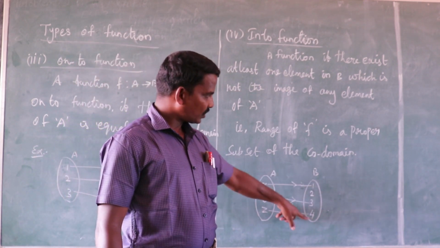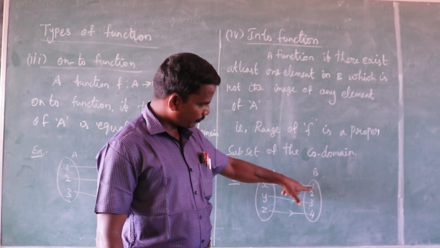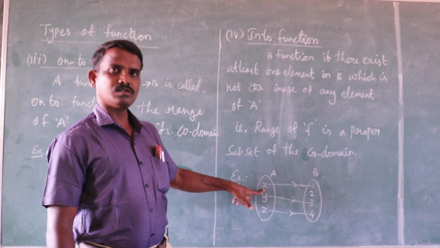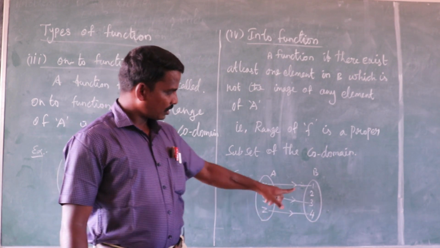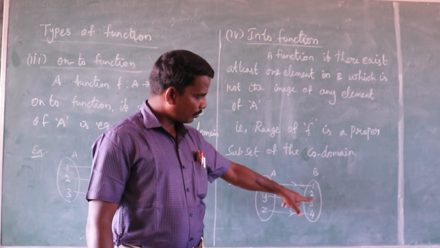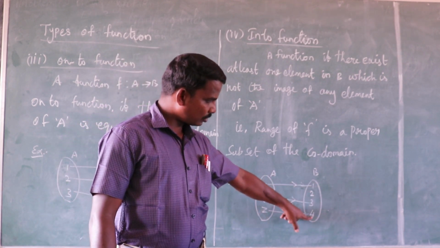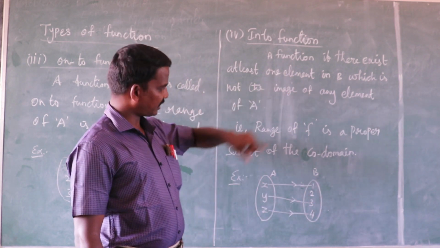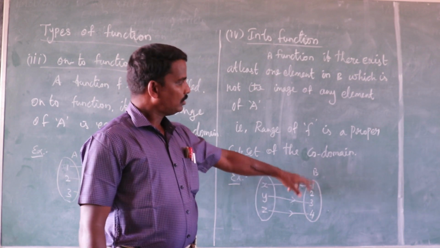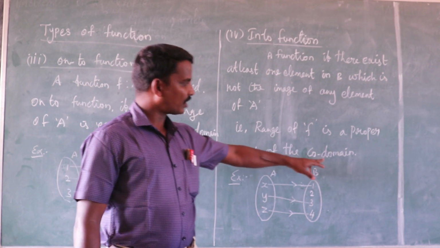The range means the elements in the second set that are related from the first set. Here 1, 2, 3 in the first set, and in the second set 1, 3, 4. These are the range of the second set. So it is a proper subset of the codomain.